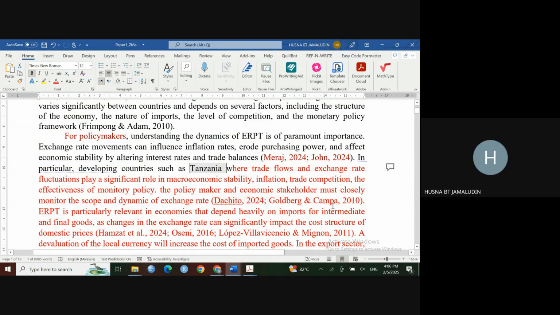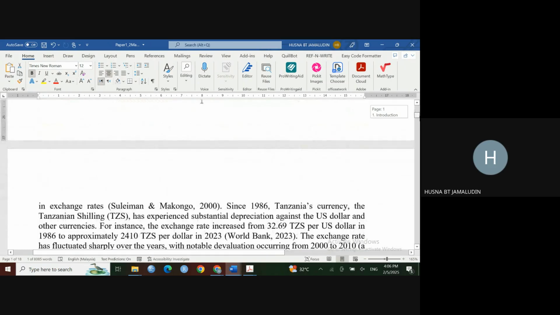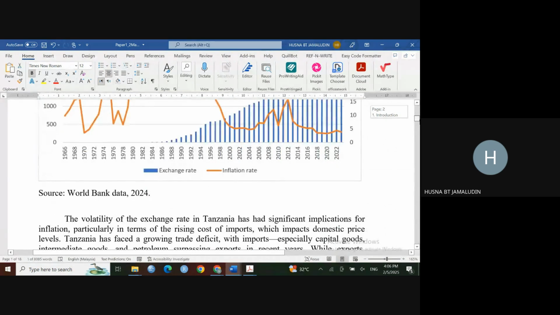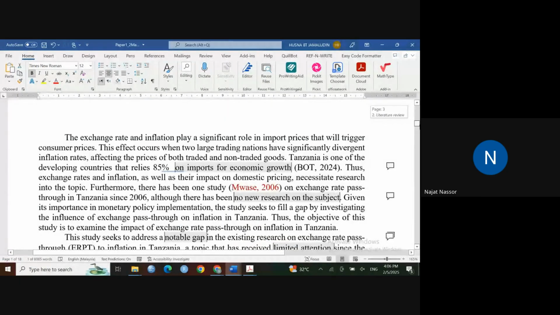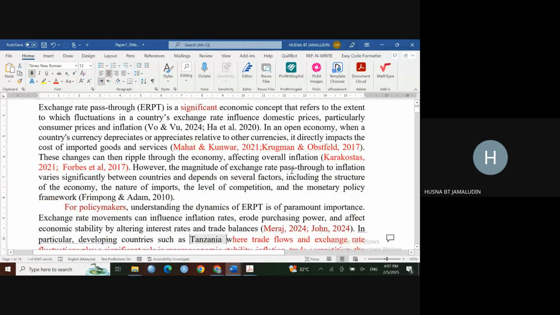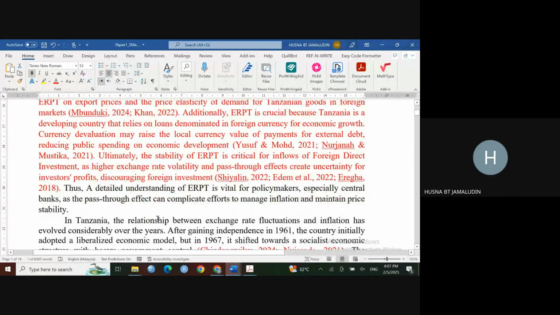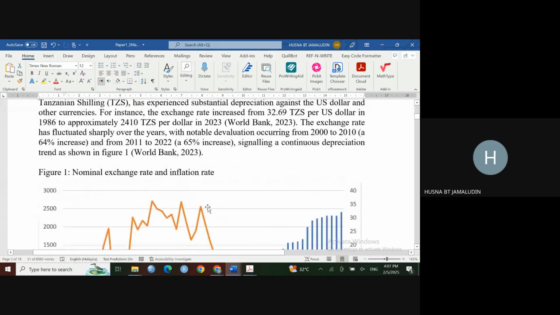Should I scroll down, or is it somewhere on top? This is after the introduction, like the background, blah blah blah.